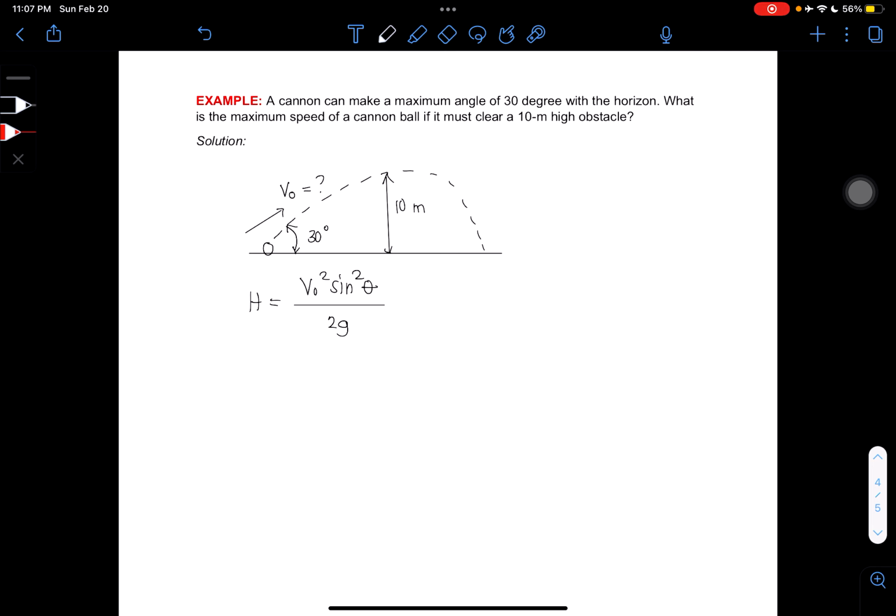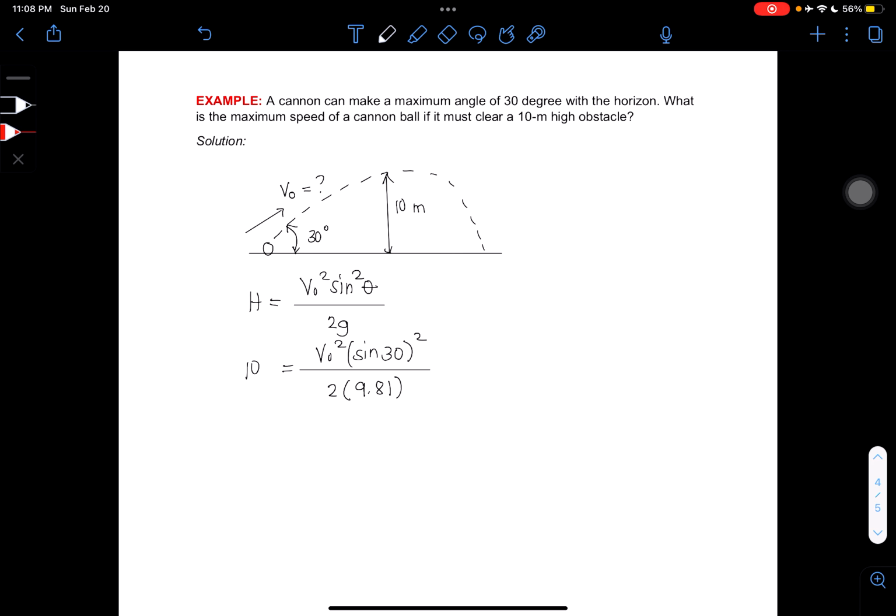So naa man tanan given, no? So pwede na to ma-solve ang initial velocity sa atoang cannon. So our height will be 10 meters is equal to V0 unknown, sine of ila tong angle 30 degrees, squared, divided by 2 and our gravity nga gamiton is 9.81 since meter ang gihatag sa height.